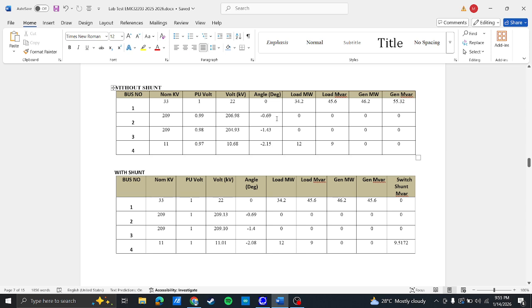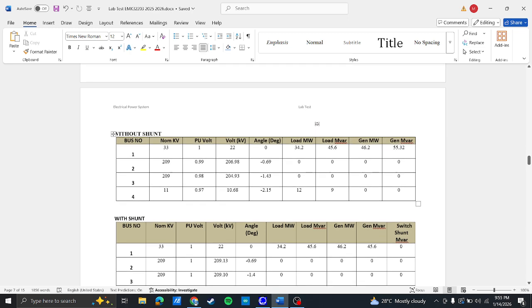There is no change in the angle, which is negative 0.09, negative 1.43, and negative 2.15. And here the load is the same as our calculation, which is 34.2 MW, 45.6 MVAR.